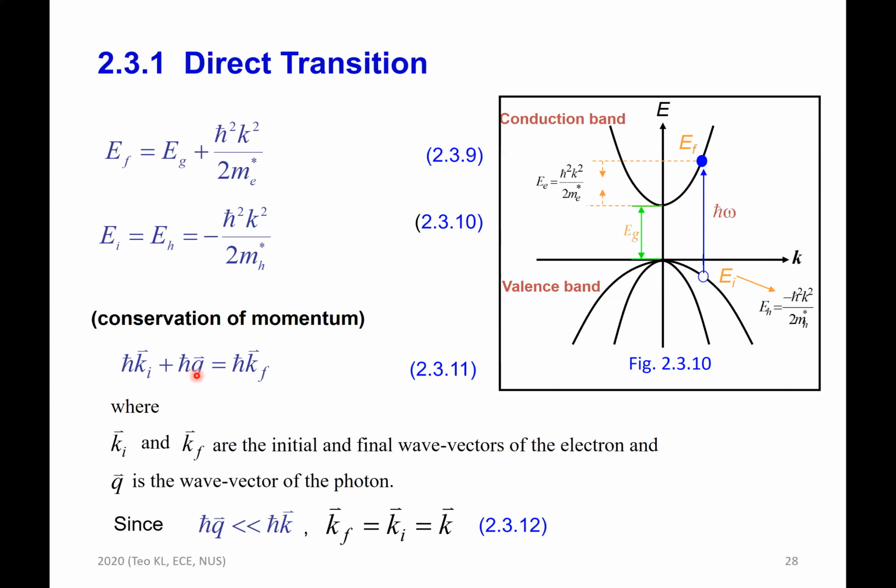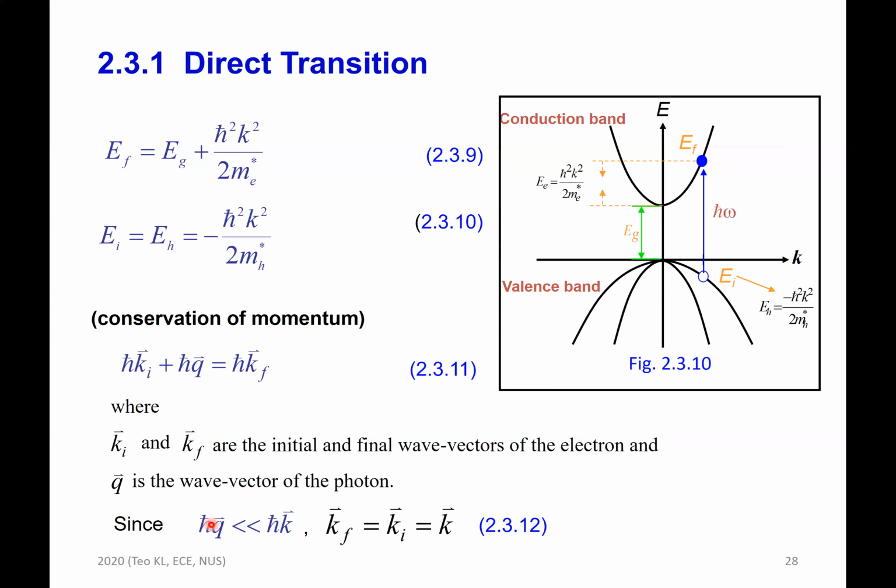So h bar q is the momentum of the photon. Now, h bar q, the photon momentum, is much less than the electron momentum. And Kf is basically equal to Ki, equal to K, because this is just a vertical transition and occurs at the same K value. So initial K equals final K.